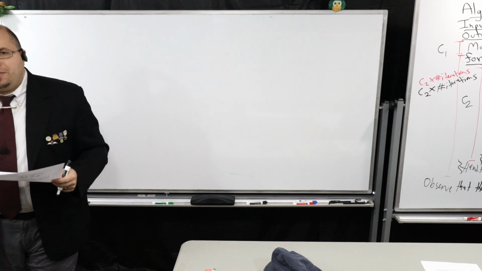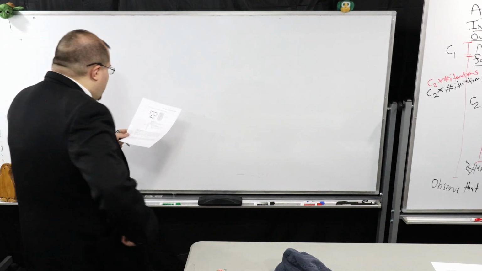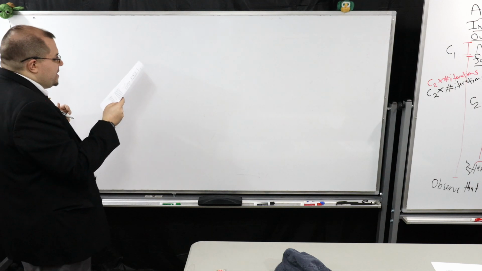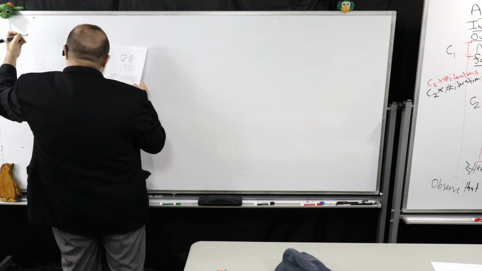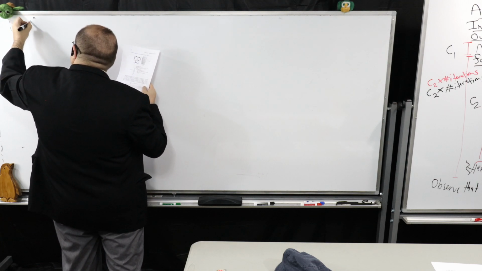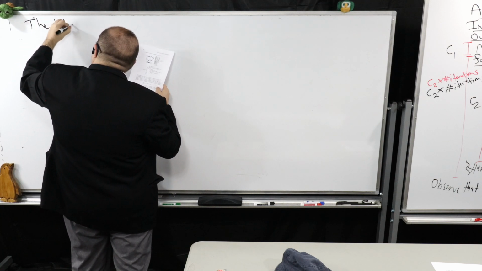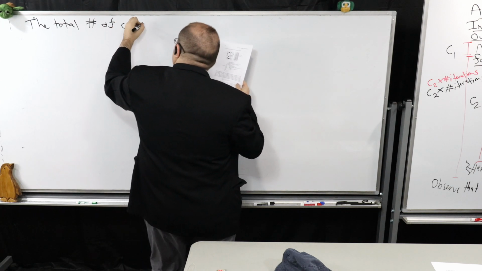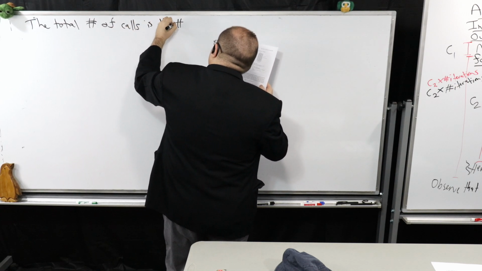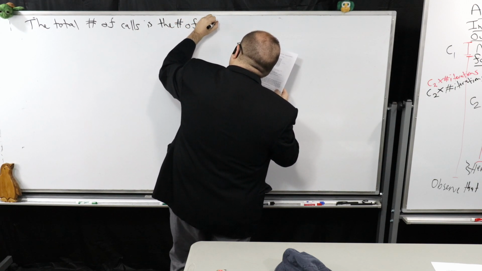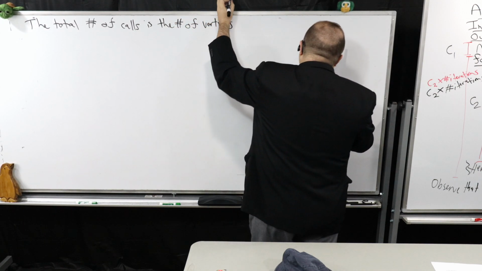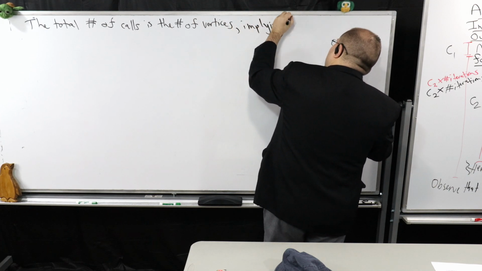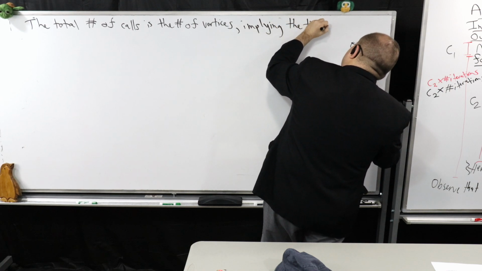Okay, so now I've determined how many operations are going to happen at a given vertex, but if you think about that, that means the total number of calls is the number of vertices, right? Total number of calls is the number of vertices, implying the time complexity.